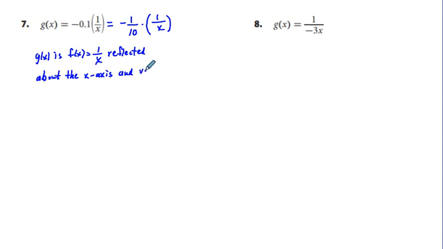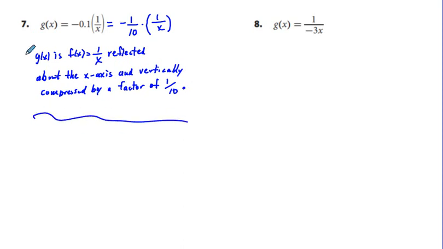It's vertically compressed by a factor of 1/10. So that's what number 7 does.